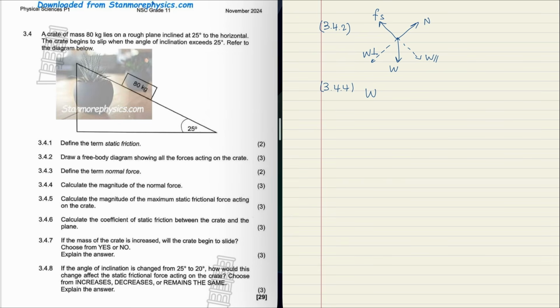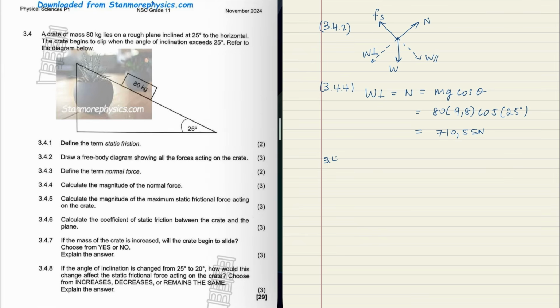So W perpendicular is equal to the normal force, which is equal to mg cos theta. It's simple if you just remember it. So the mass of the crate is 80, gravity is 9,8, and then cos of the angle of inclination is 25 degrees, and that's equal to 710,55 newtons.